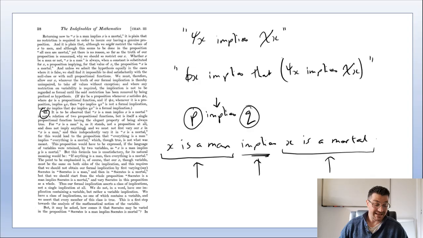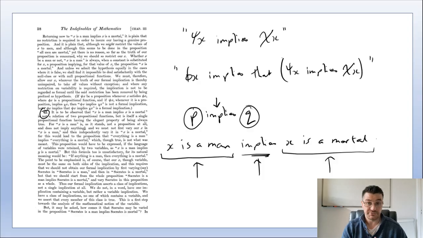For x is a man is, as it stands, not a proposition at all, and does not imply anything. It's a propositional function. The values of a propositional function are propositions, but the propositional function itself is not a proposition. We might loosely and carelessly speak of it as a proposition sometimes, maybe if we've got in mind that we have picked out one of the fixed values of the propositional function.